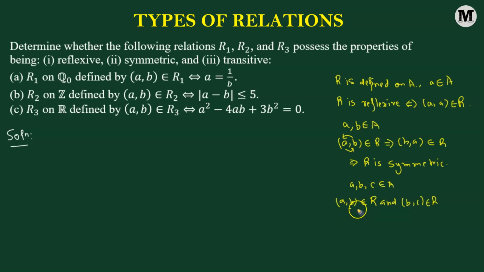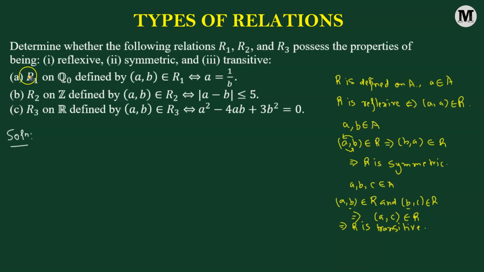The second element in the first ordered pair (a, b) must match exactly with the first element of the second ordered pair. In our case, both of these elements are b. Then it must imply that the ordered pair (a, c) belongs to the relation R. If this is the case, then we can say that our relation R is transitive. So this is what we mean when we say that a given relation is transitive.